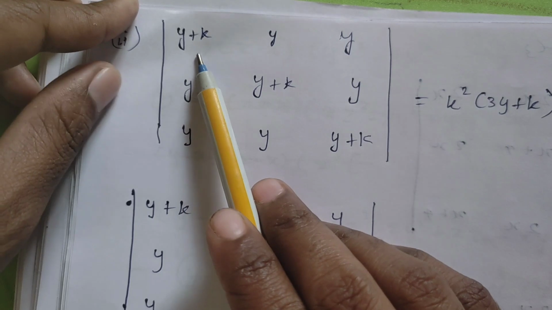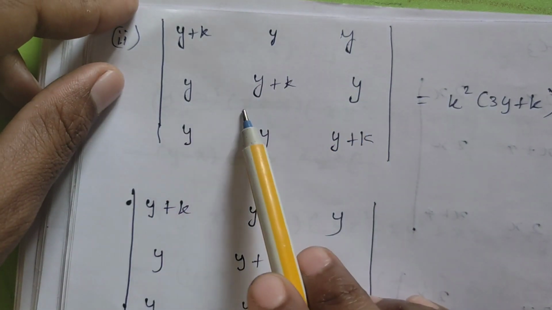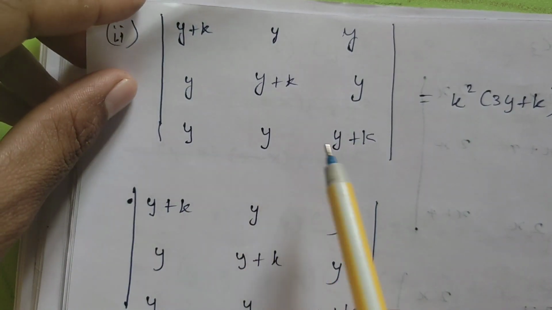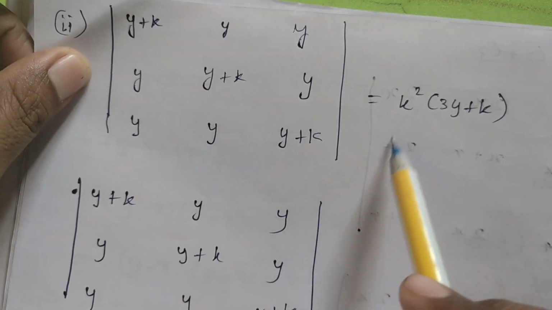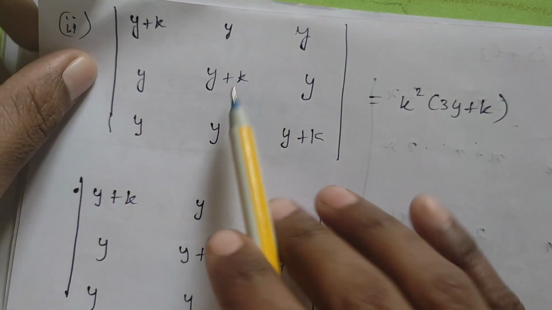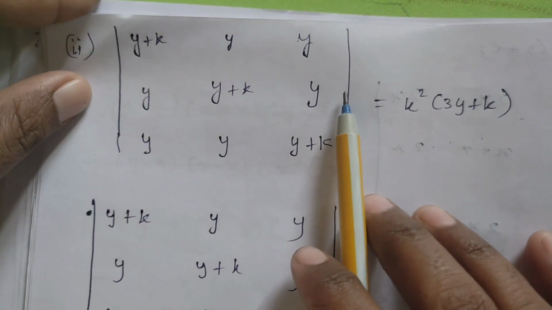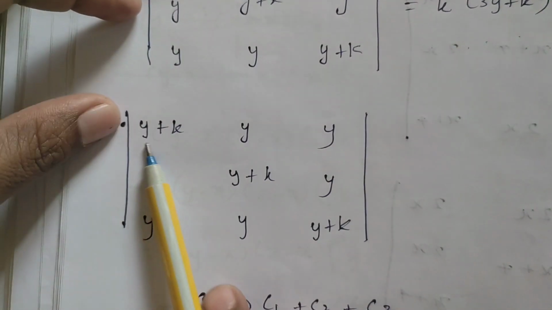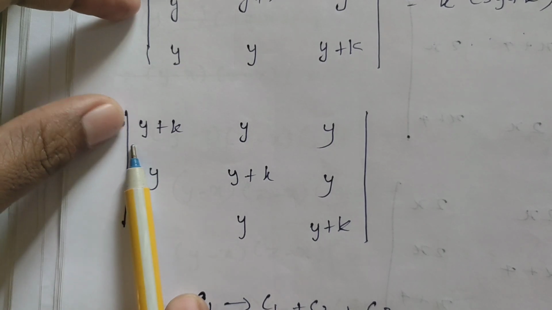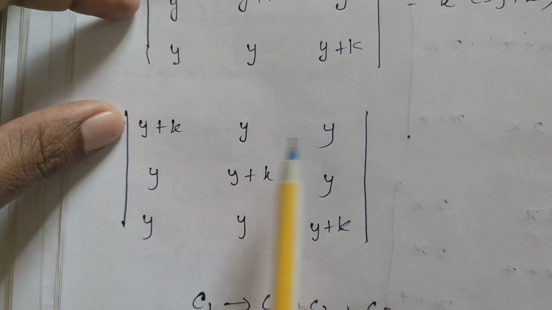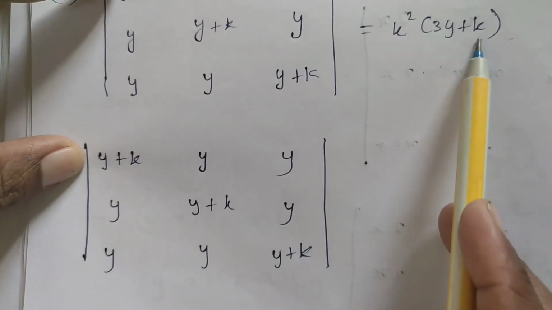Determinant y plus k, y, y; y, y plus k, y; y, y, y plus k equals k square into 3y plus k. This is again the similar method we followed in the previous problem. See, if we add these three columns, y plus y plus y plus k, we'll get 3y plus k.